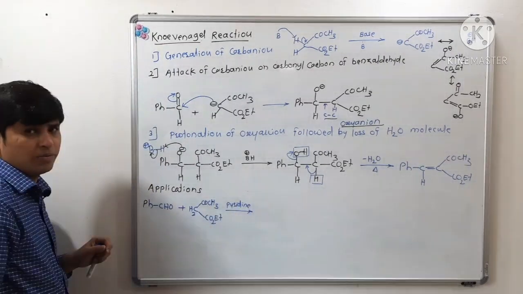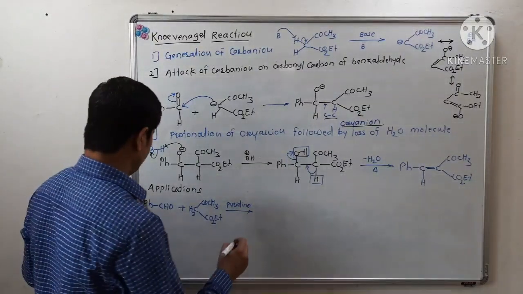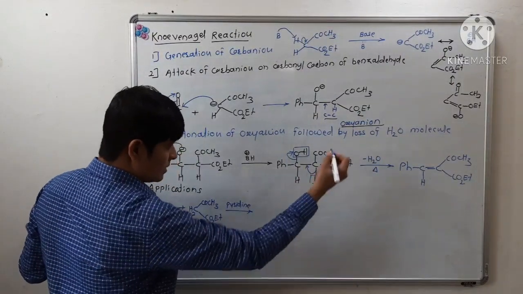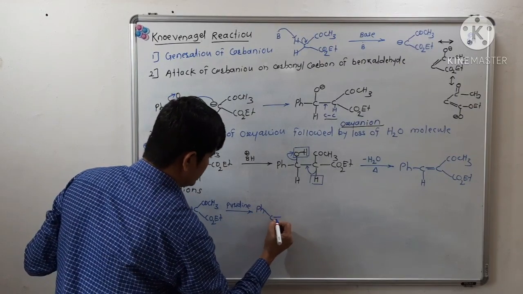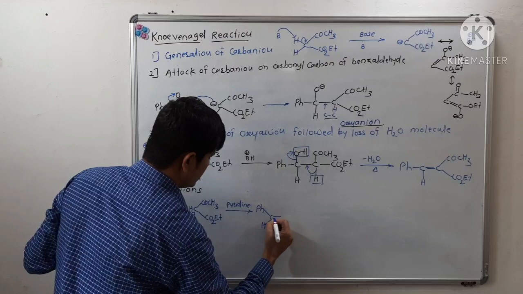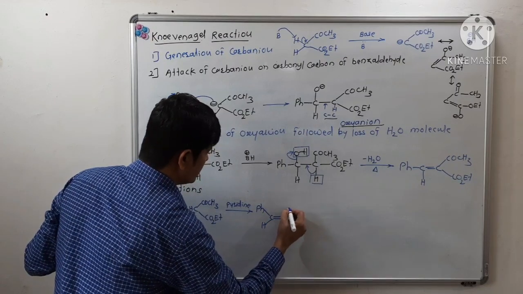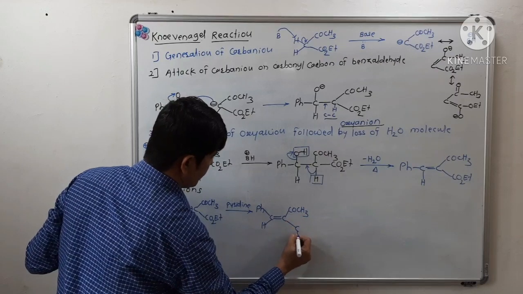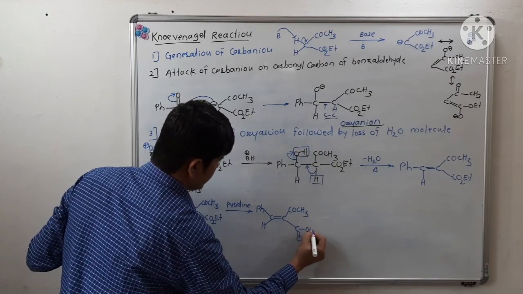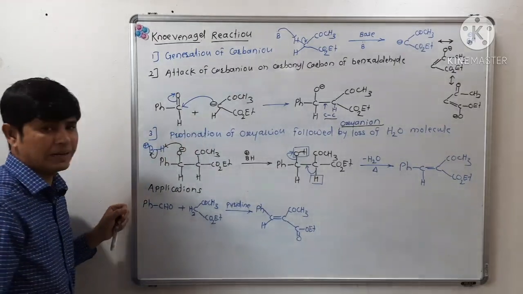In the presence of pyridine, what does it give? It gives the condensation product of this active methylene compound. This condensation product we will get.